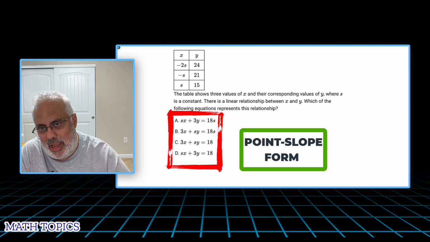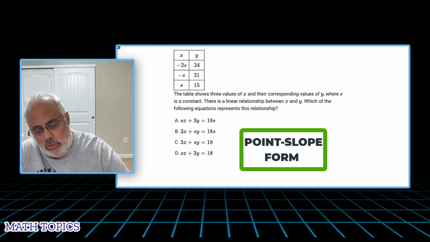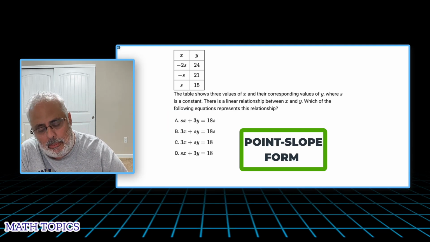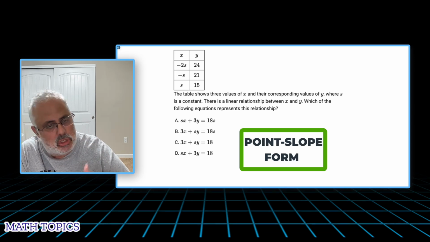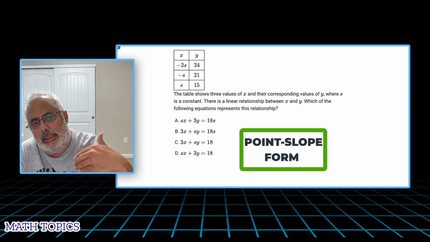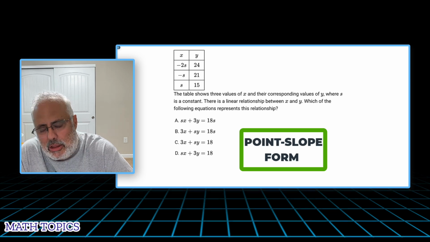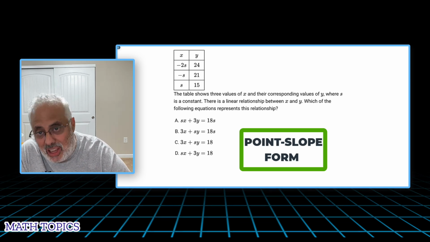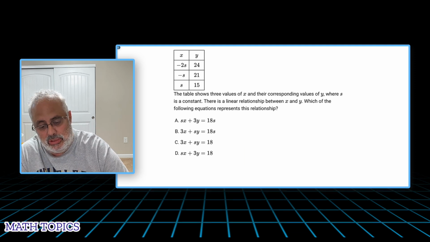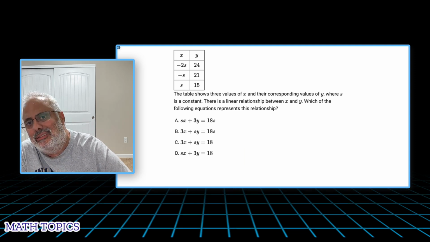Right now, we have to make a decision. We have to use one of the forms. I prefer to use point slope form. You can pick slope intercept form. Also, you're going to generate the answer no matter what. But the point slope is faster because you need the slope and you need a point.